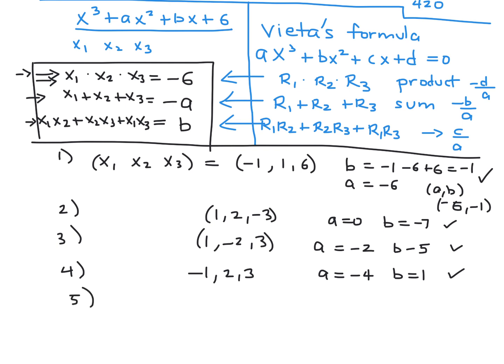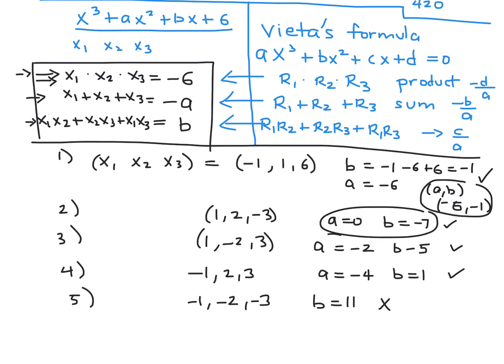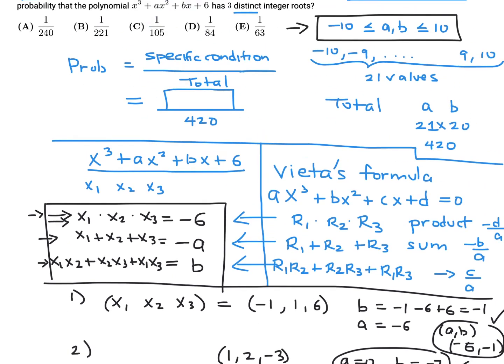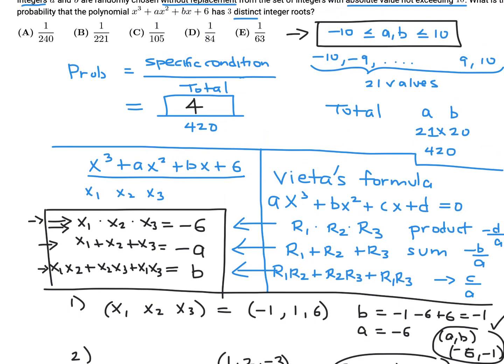And the last one, minus 1, minus 2, minus 3, gives b equal to 11, and that fails because remember, b cannot be greater than 10. So we got 1, 2, 3, 4. Only 4 ordered pairs actually match our specific conditions. So when you go back, this is a 4. When you reduce that to lowest terms, it's 1 over 105. And that is the probability, and that would be C.